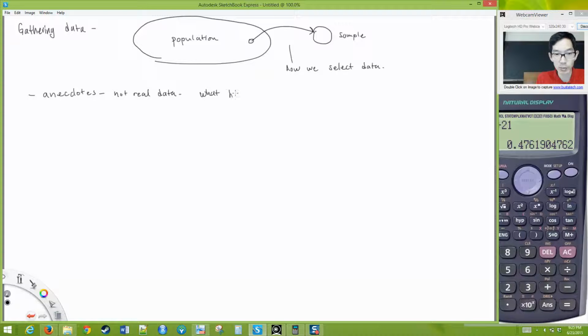What happened with one person or a select few people will not necessarily happen with the population.